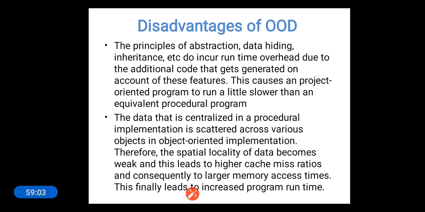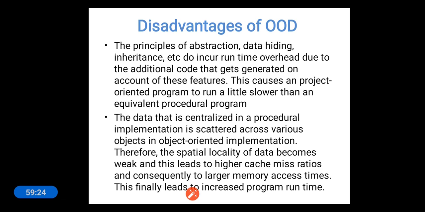In order to implement these features, we need to generate some additional code, because of which it slows the production process. That is, the duration of project completion may become longer, that is, it may lag the project completion time.